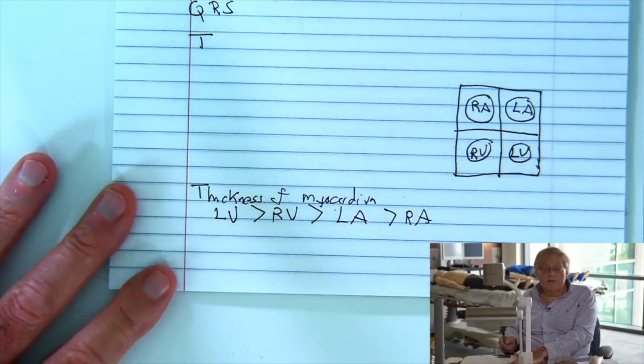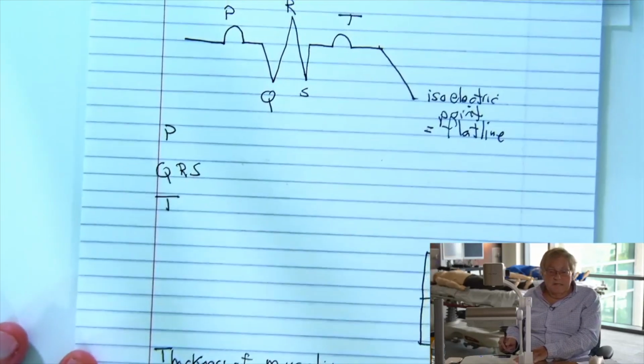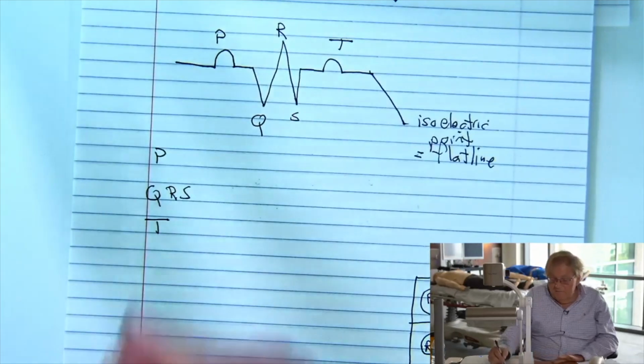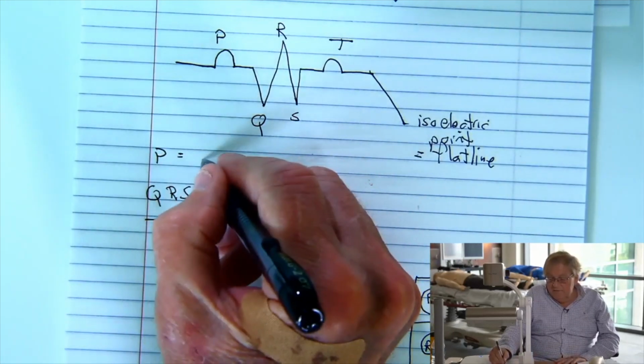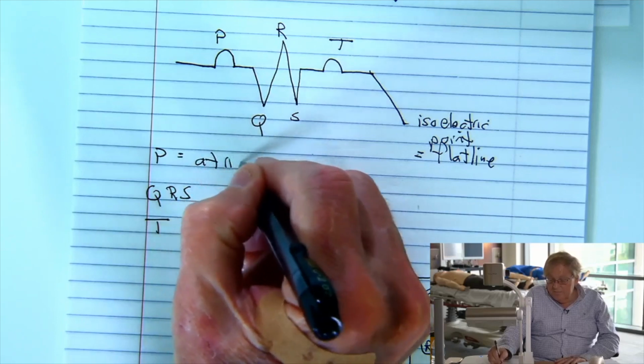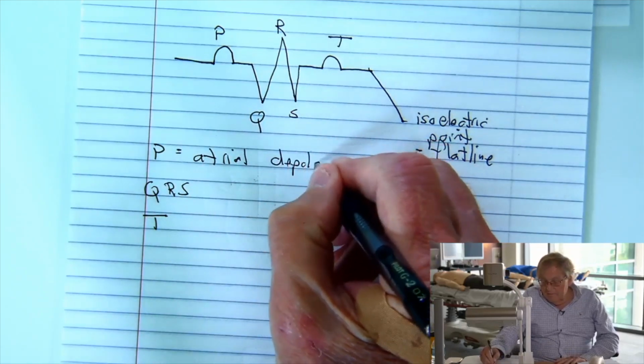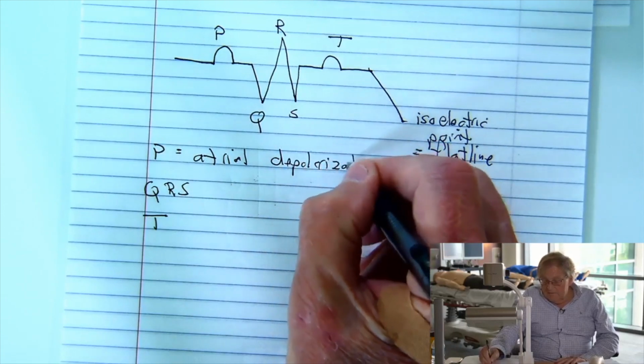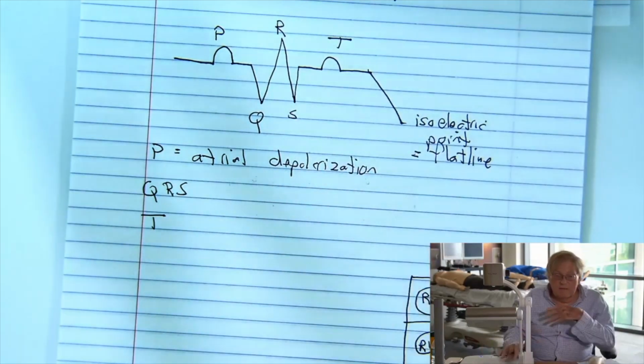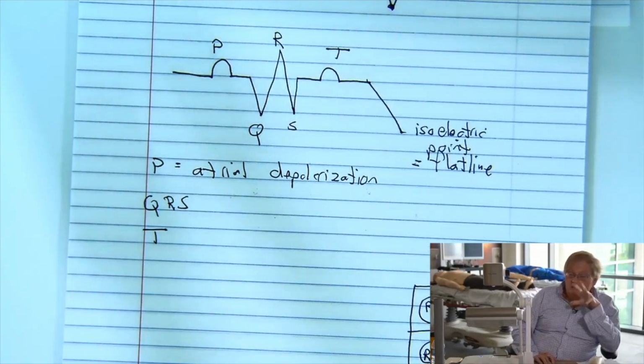So when I'm talking about this EKG, the P wave is going to stand for atrial, so that's your upper chambers, depolarization. In other words, the electrolytes have swapped sides, and therefore that's my upper chambers depolarizing.